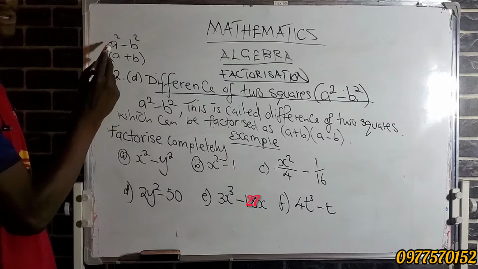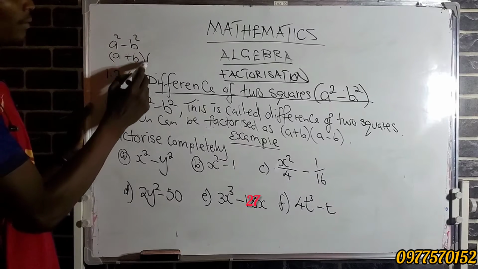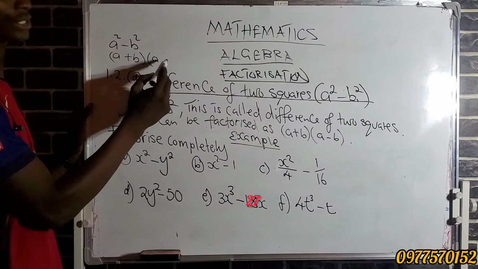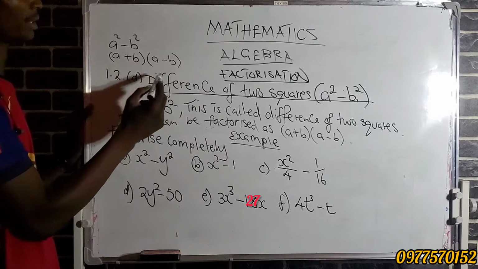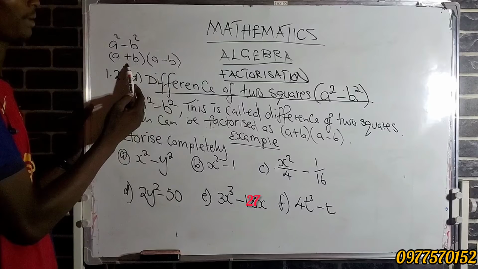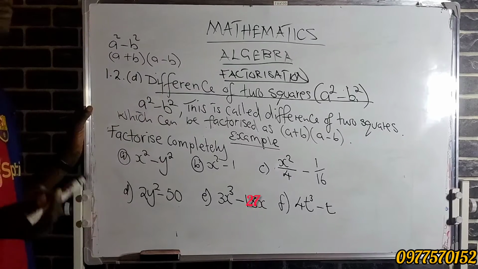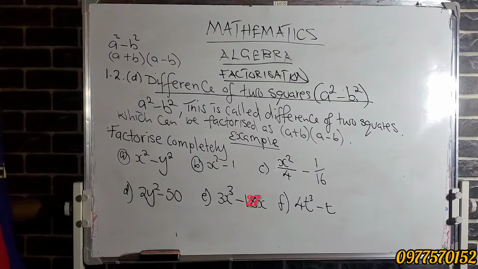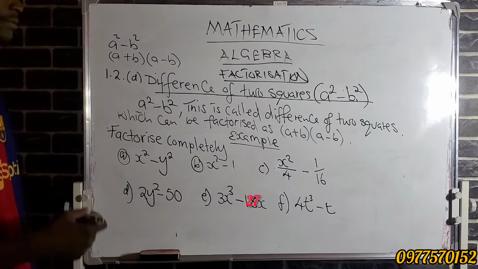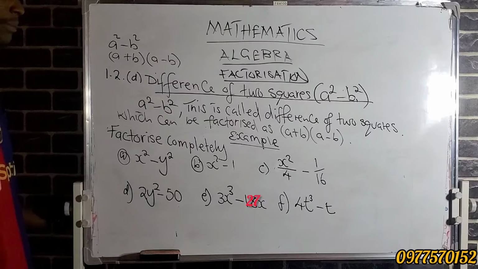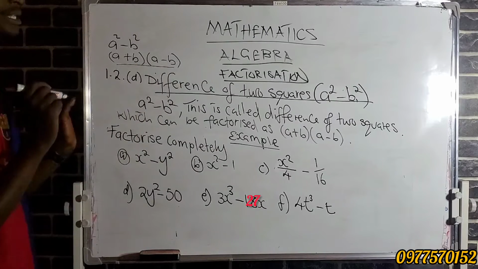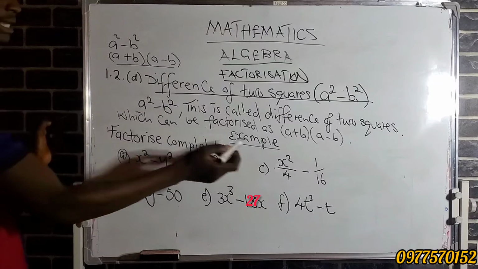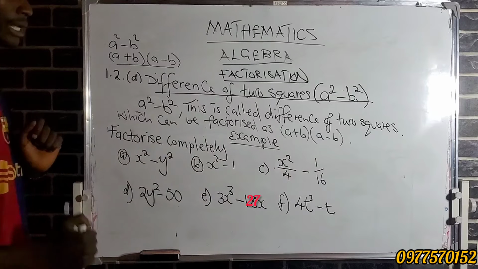We remain with one A, then in this case use minus B. You can start with minus or plus, but the rule of mathematics is that you should always start with the positive number or variable. So this is how it can be factorized.